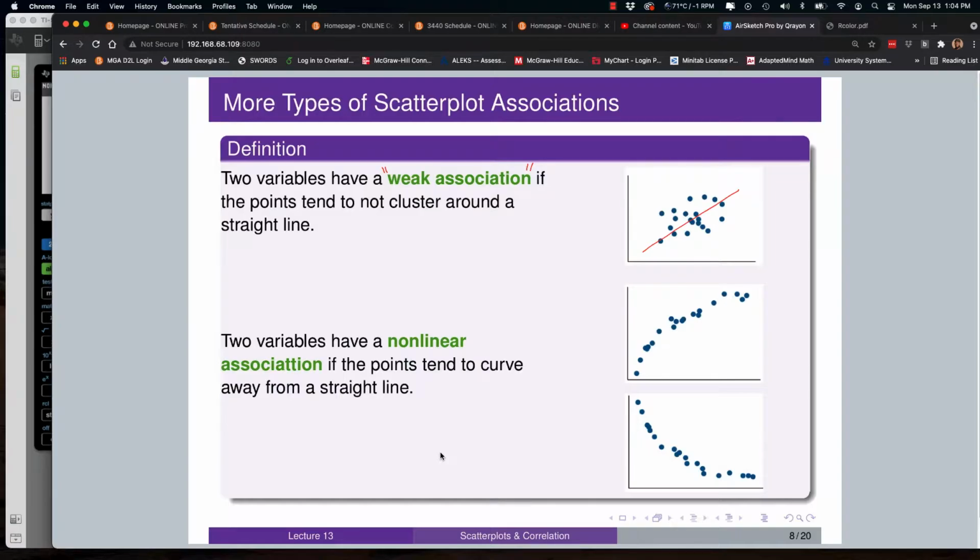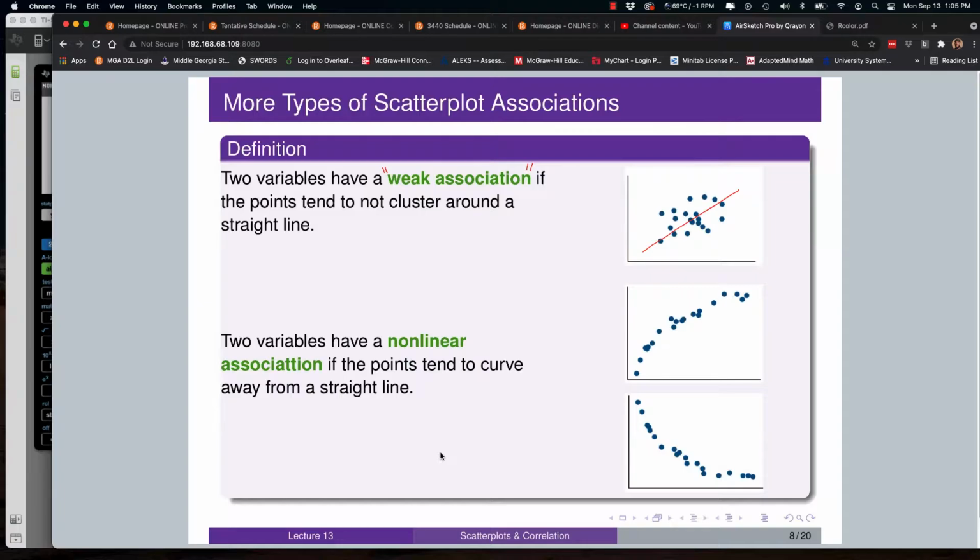All right, so when they start to pull away more or get more of what I call a scatter shot, the best way I've ever heard to describe it is like shotgun shots into a piece of sheet metal from a certain distance, which will spread out really far from each other. And so the more scattered your points are, the more weakly associated they are.